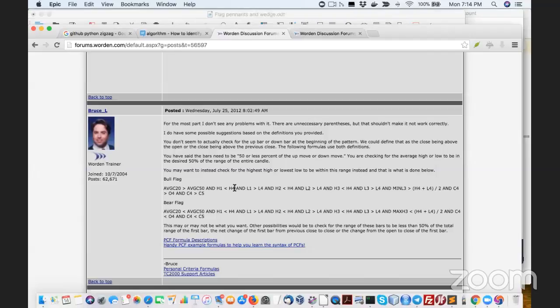This is the hourly high, the 4-hour high, the hourly low, the 4-hour low, and the 2-hour high and the 4-hour high, and the 2-hour low is greater than the 4-hour low and the 3-hour high, and so on. Then here's your minimum L3, the 3-hour and 4-hour low, and the 4-hour high and the 4-hour low as well, and you divide those.